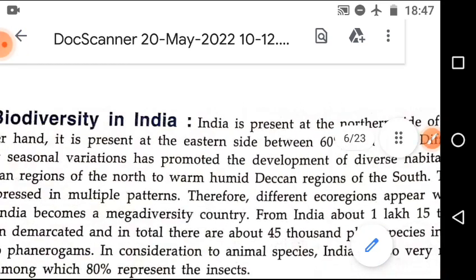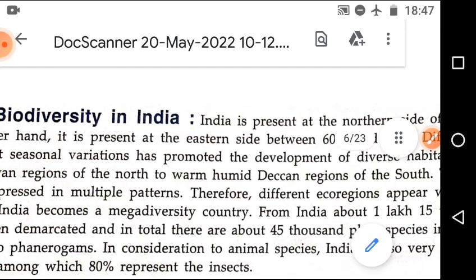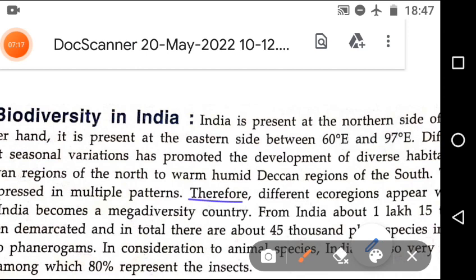Then it is saying that the biodiversity of the country has been expressed in multiple patterns. This is due to variation in the seasons and in the geographical features, the landforms of the country, which produced diverse habitats.